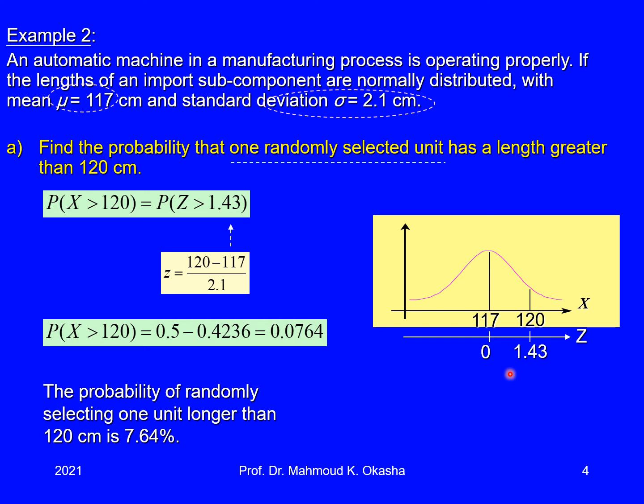The probability of Z between 0 and 1.43 can be obtained from the table easily, which is 0.4236. So the result will be 0.0764, right?